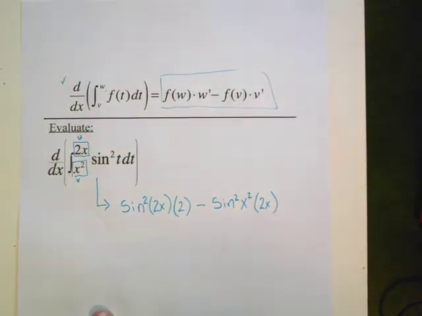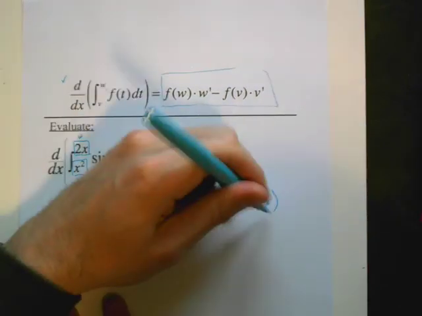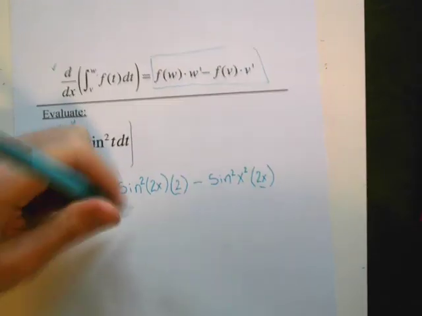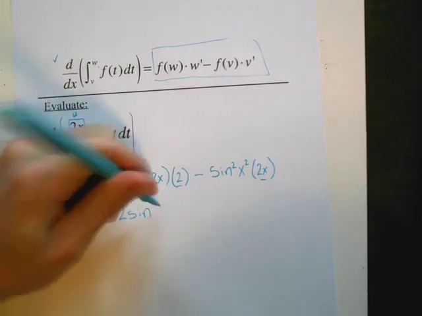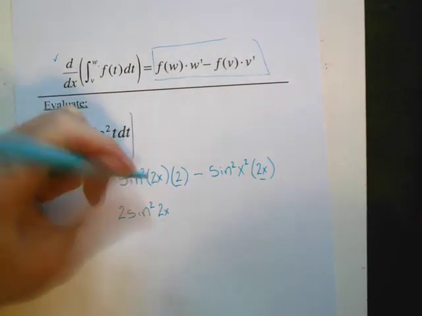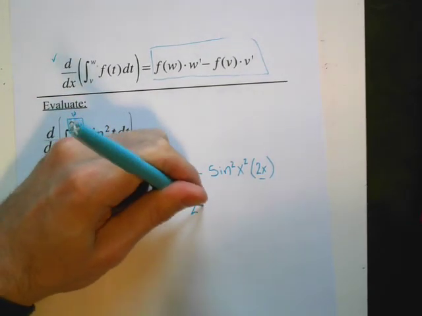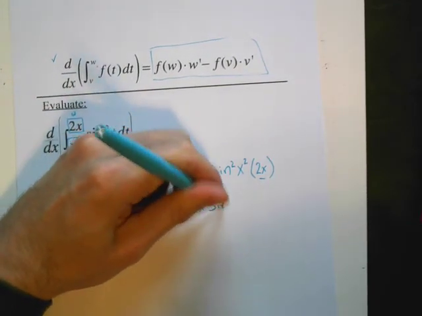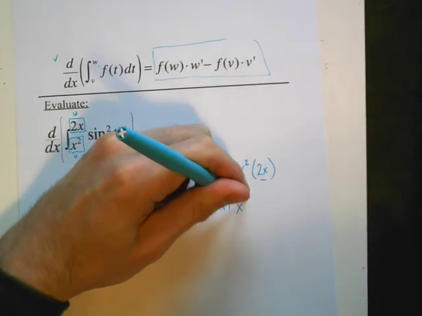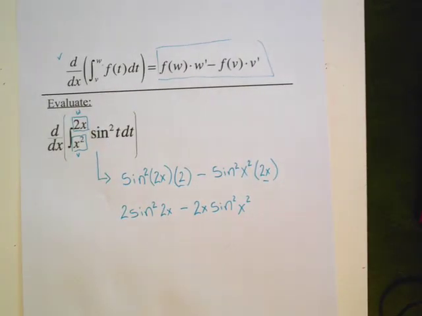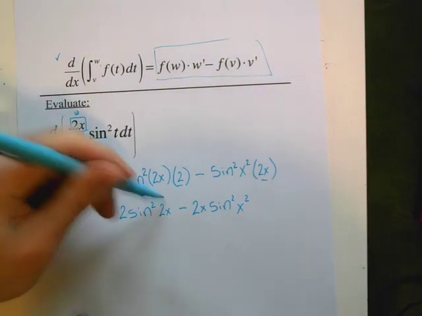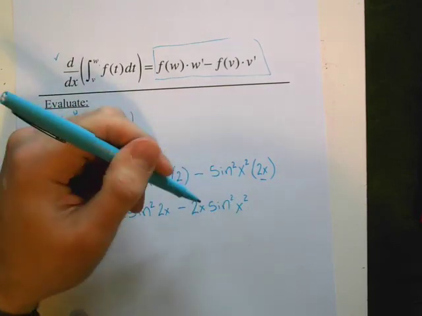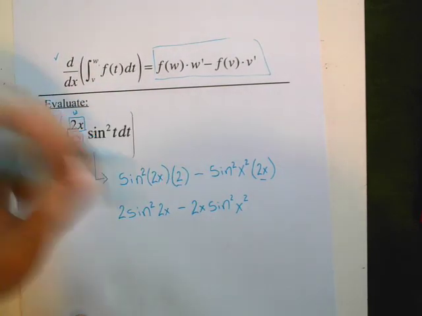Okay, so let me rewrite this. Let me just bring these out in front of the sines. So just to clean it up here, I'm going to say 2 sine squared 2x minus 2x sine squared x squared. Let's see. I can't do anything with the sine squared 2x and the sine squared x squared because these are different.